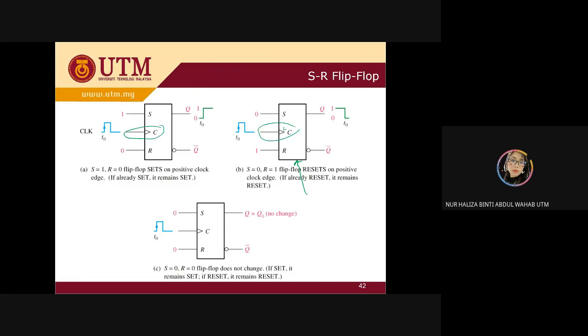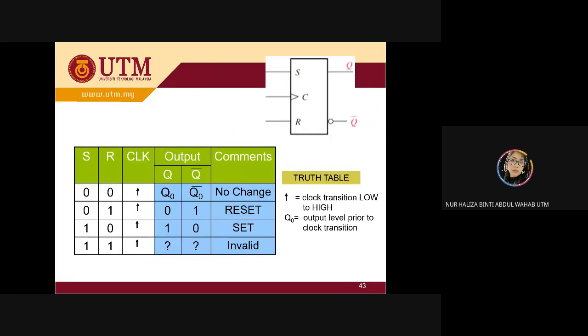Last time it is EN for your latch, and now it is a clock. So let's take a look. The table is also similar. You can see here it doesn't matter whether it is positive or negative clock, totally similar table, but you just need to trigger your output changes at this specific point.